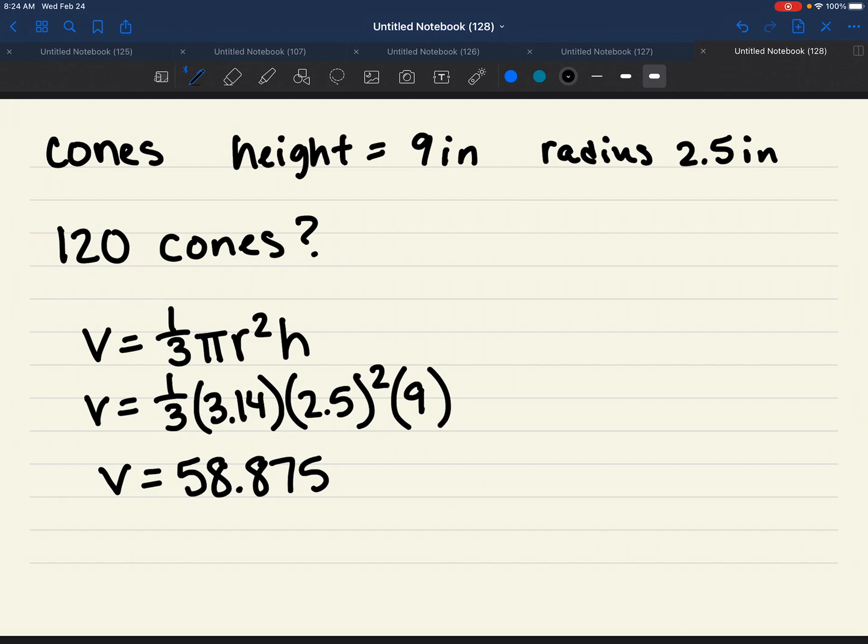Okay. So Addie, if I want the volume for 120 cones, what is my last step? Multiply by 120. Again, notice I put it in parentheses. I didn't use an X. So what would be the total volume? 7,065. Okay, how would I label that? Feet? Oh, inches cubed.